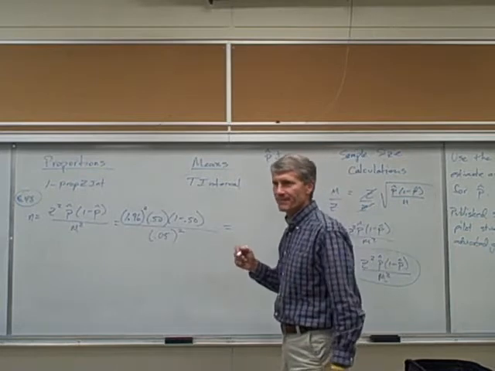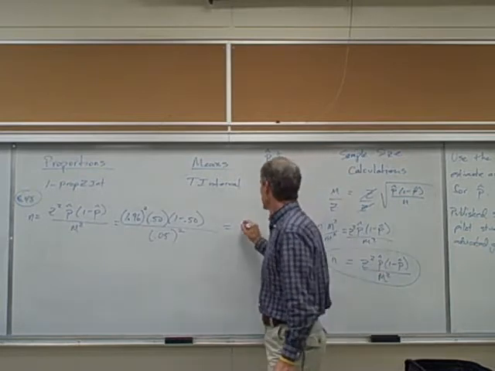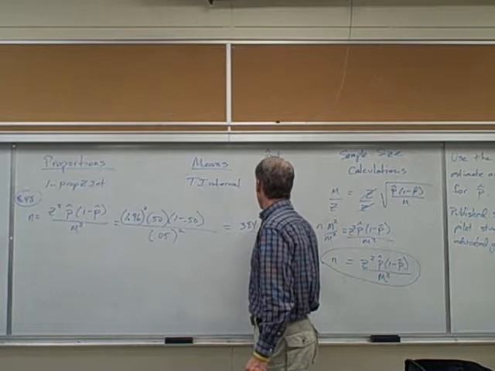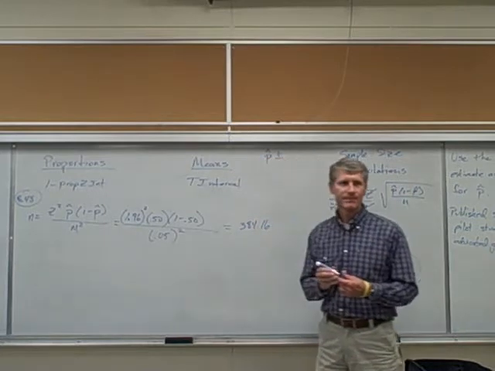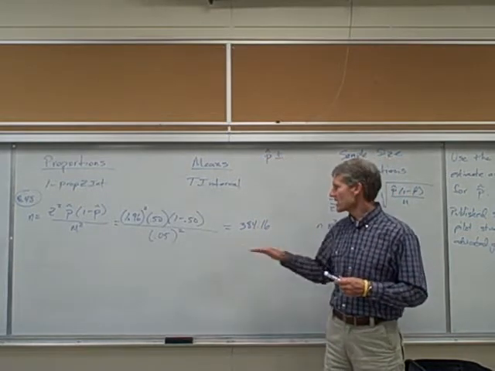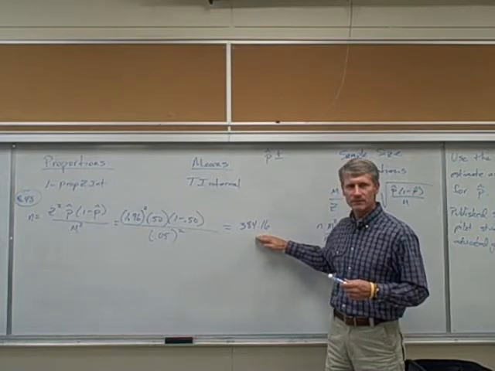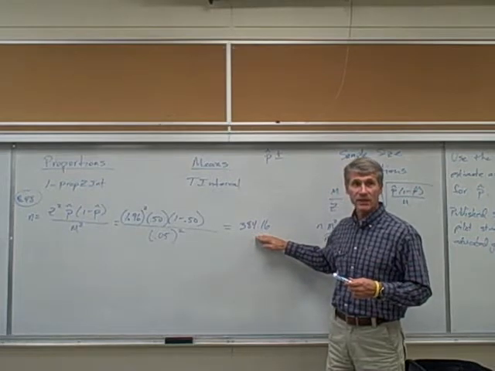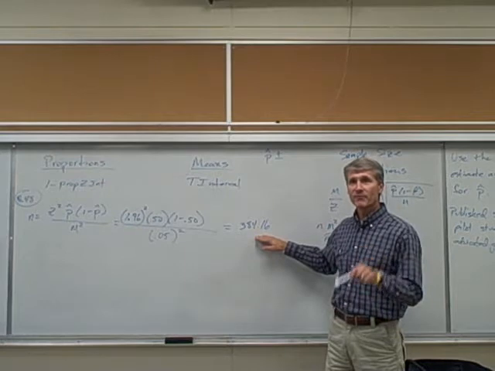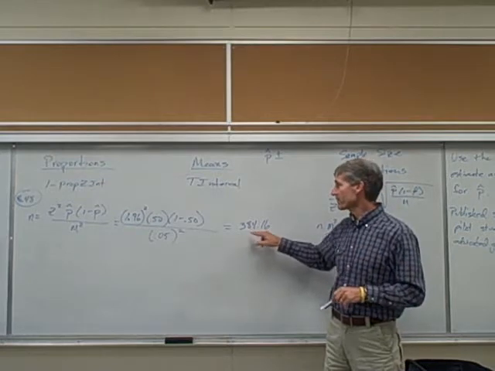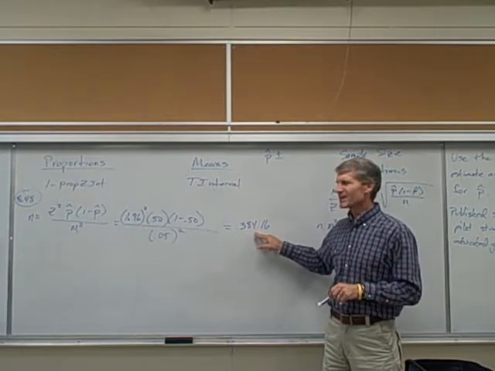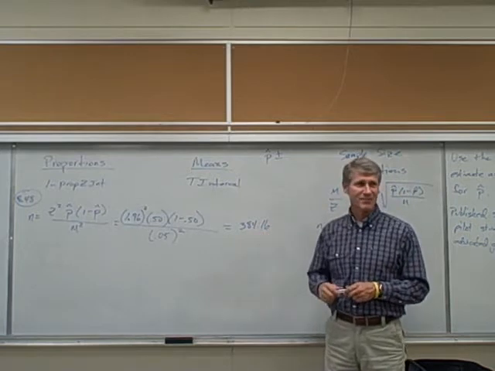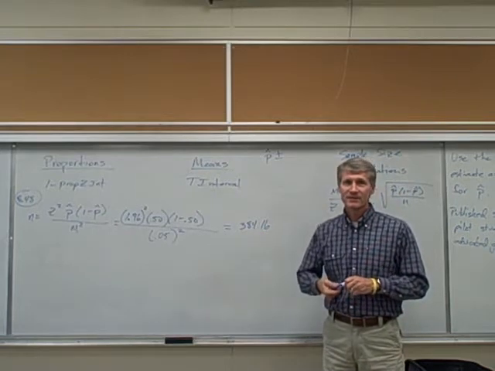Anybody got it yet? 384.16. Okay. Now, what is that number again? Sample size. That's N, right? That's the number of people I need to ask. So I can find 384 people, but it's this 0.16 guy that's hard to find.